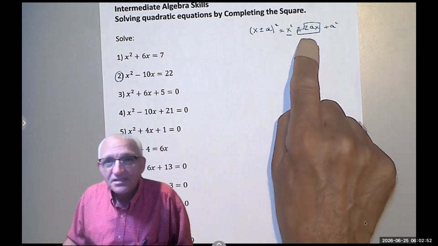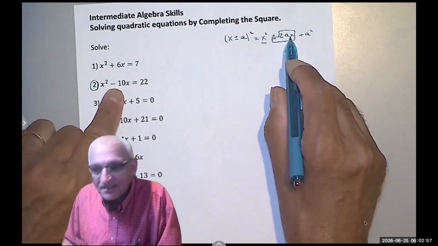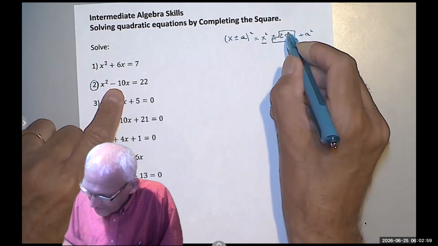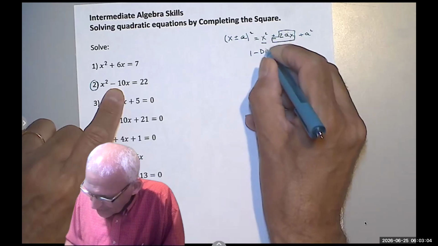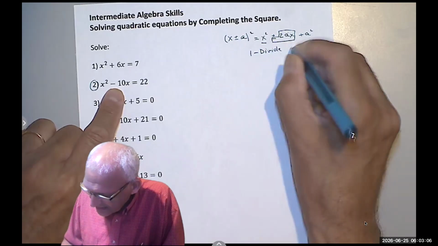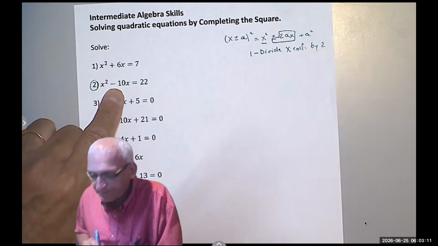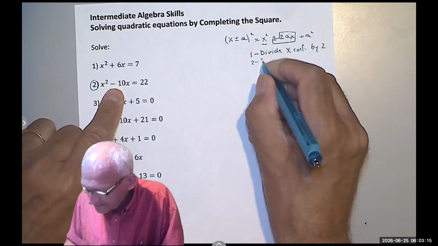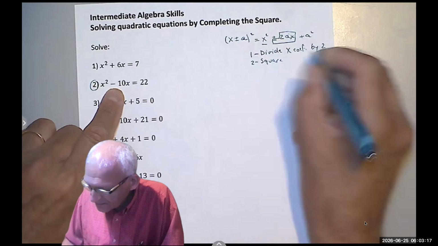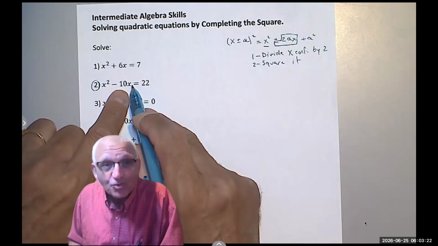Look at this equation. The middle term is basically twice ax. So if I look at the coefficient, which is twice a, and I divide it by 2, so divide the x coefficient by 2, I will get a. Then I square it, I will get a squared. So I'm going to add a squared to this side to make it a complete square.